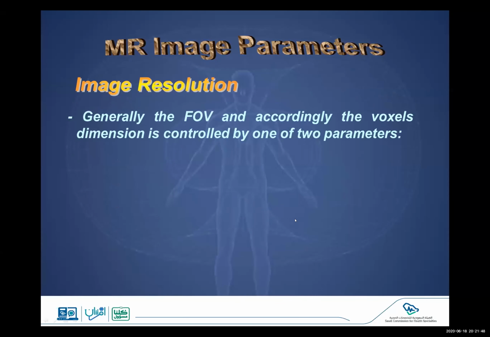So generally the field of view and accordingly the voxel dimensions is controlled by one of two parameters. The applied magnetic field gradient strength, because inside the magnet we have coils plus the magnet. It's not the main magnet coil. There are smaller coils built inside the magnet.